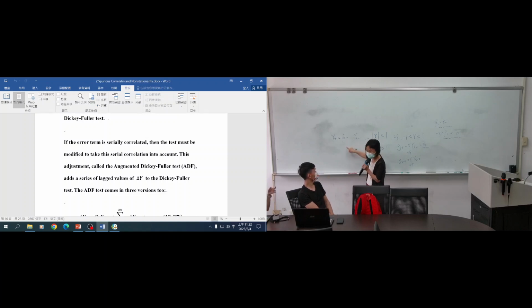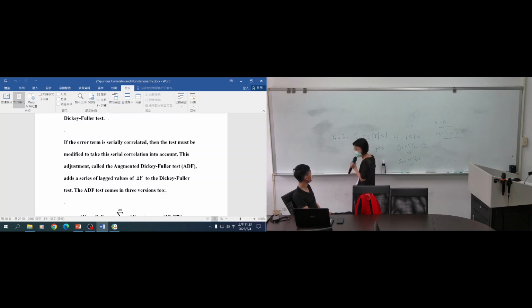So this is what we call a dynamic model. And in the dynamic model, the error terms usually have zero correlation. Remember this one? This is a dynamic model.